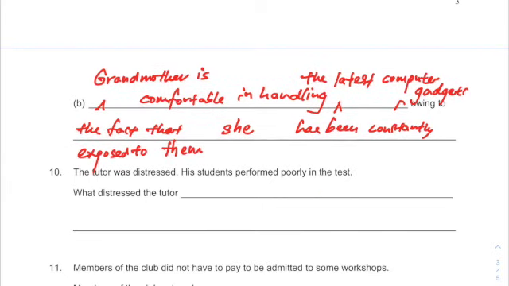So grandmother is comfortable in handling the latest computer gadgets owing to the fact that she's been constantly exposed to them. All right, so that's kind of the same way. It's just that owing to moves to the middle. Right, and here is what comes down.